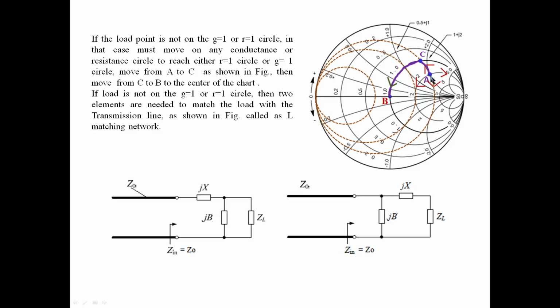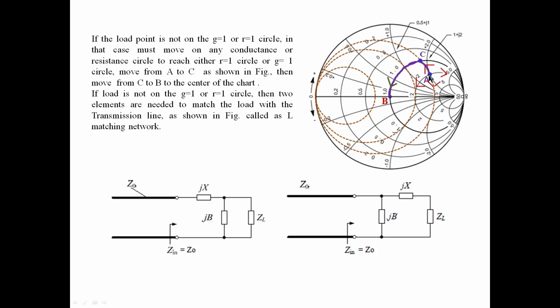Some point is there on the Smith chart, the ZY Smith chart. In the ZY Smith chart, there are susceptance circles, reactance circles, conductance circles, and resistance circles. I have marked a load point here.